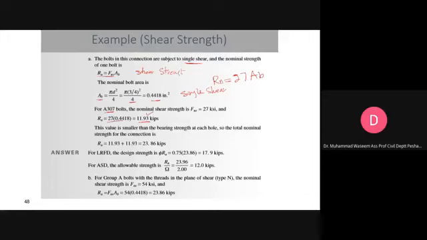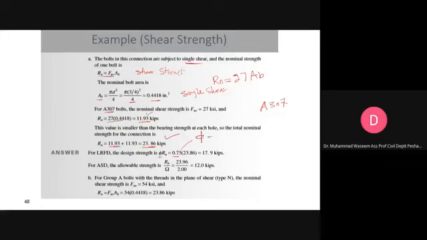This is 11.93. Now we have two bolts in this connection. You just add them together. So the total shear strength of this connection for A307 bolt is this much. Now you have to calculate the design shear strength. Using LRFD, you will use again the same phi.